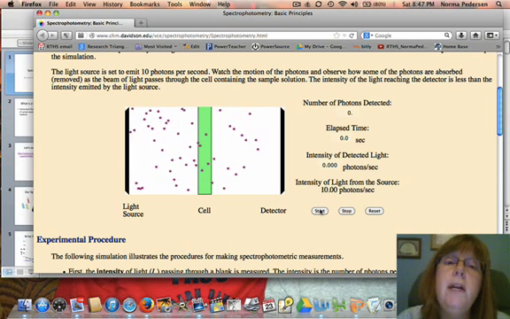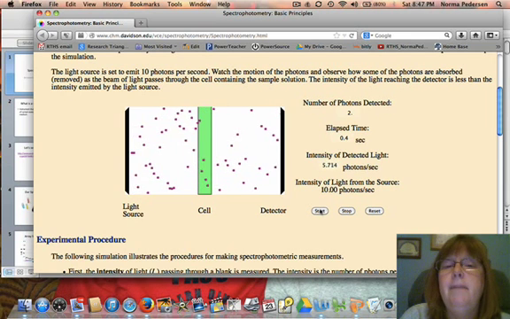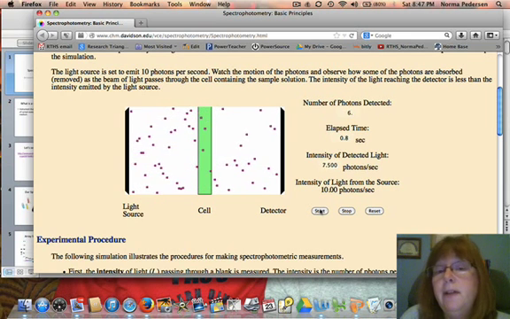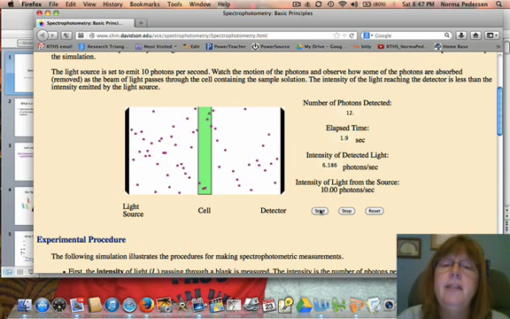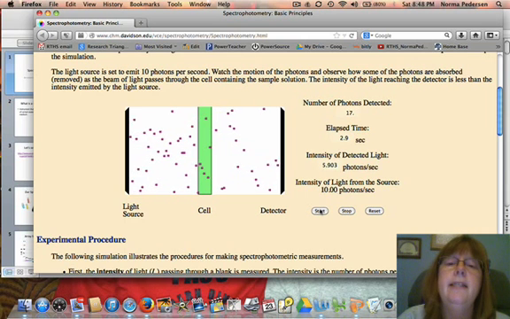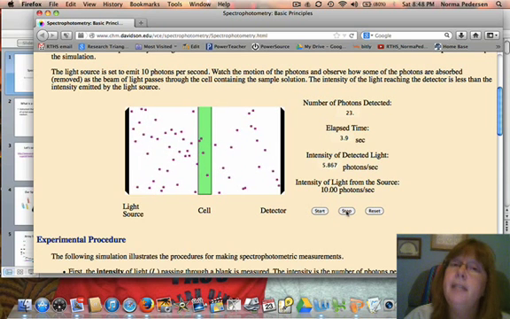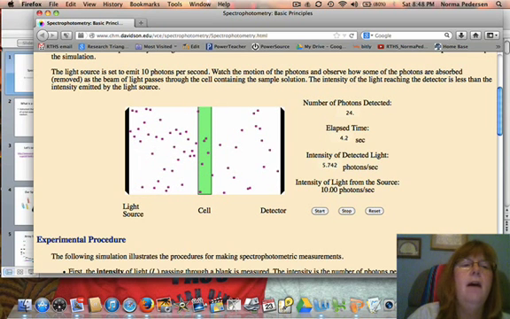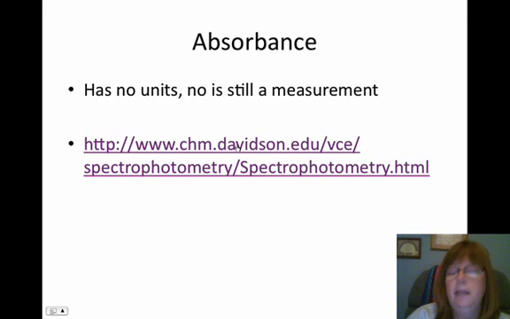But if you notice, some of those photons of light are getting absorbed in the sample, and they're not winding up on the other side of the sample, and so they're not being detected. And so we would say that our sample is absorbing some of that light, and that's what our detector is telling us.